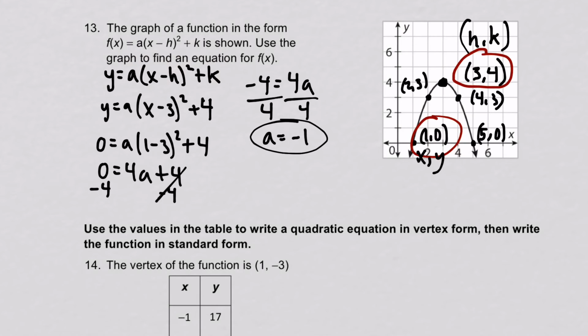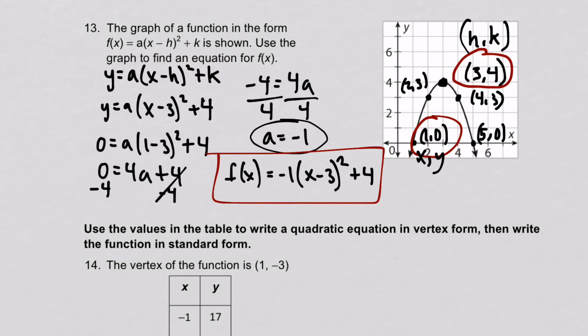Your function is, going back to f of x, equals a, which is negative 1, times the quantity x minus 3 squared, plus k, which is 4. That's your final equation of the graph.